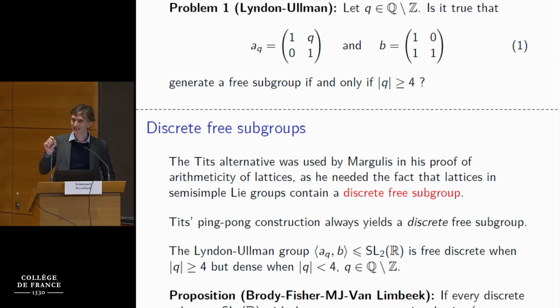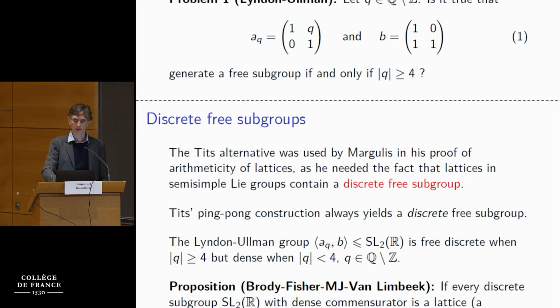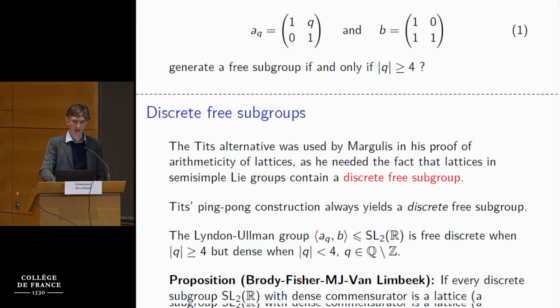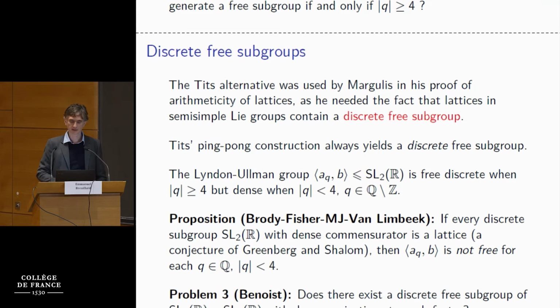A key ingredient to Mostow's rigidity, which hasn't been mentioned so far in this conference, is the famous theorem of Tits that classifies the spherical buildings in rank at least 3. When Margulis proved the superrigidity, which is a generalization of the Mostow rigidity, he did not need the Tits theorem anymore, but he needed the Tits alternative at some point. And he needed the fact that lattices contain a discrete free subgroup.